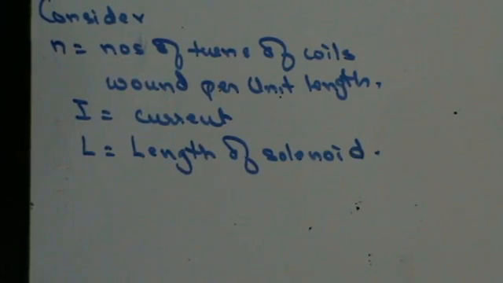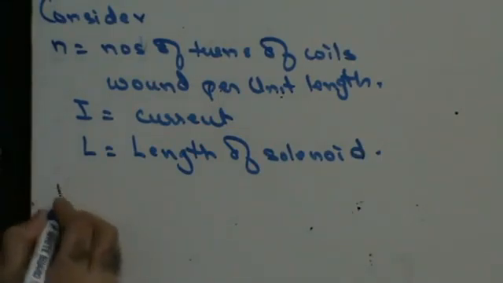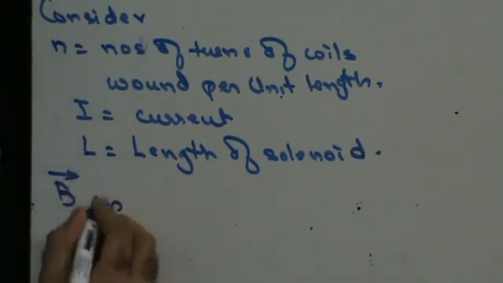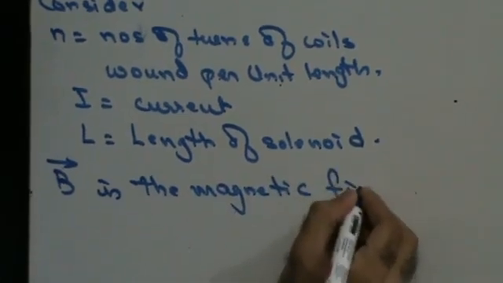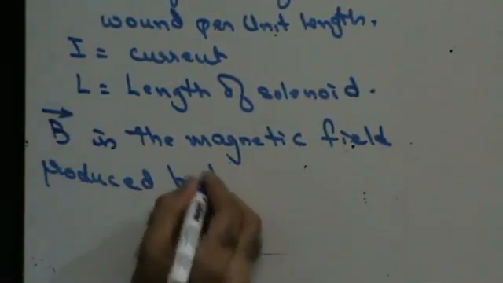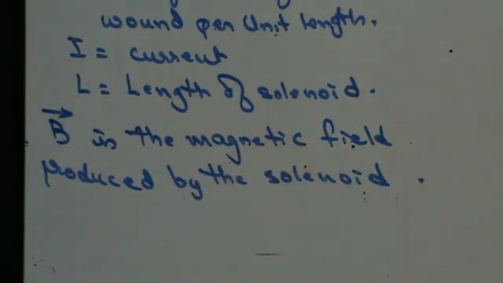Right? Now, the magnetic field produced by the solenoid is similar to that produced by a magnetic dipole, right? So let us assume that B vector is the magnetic field produced by the solenoid. Right? Current flows through a conductor, gives rise to a magnetic field.